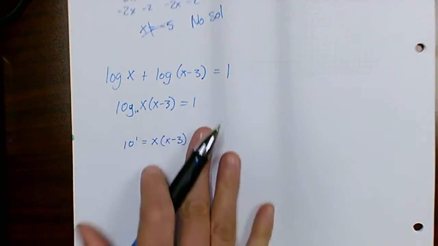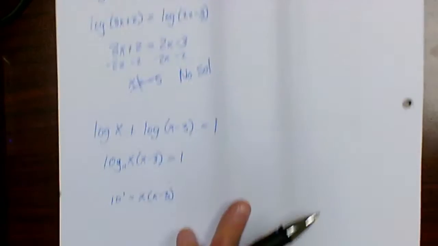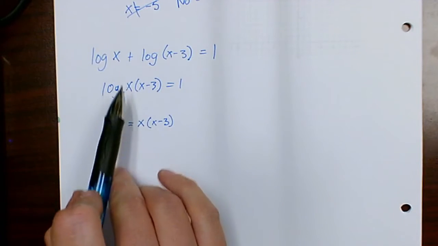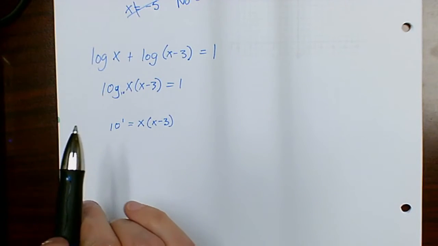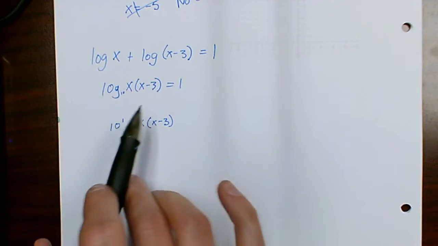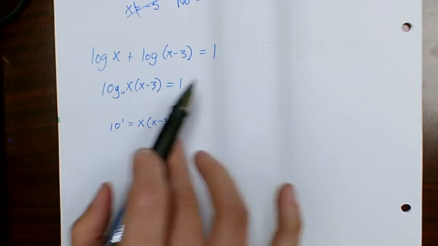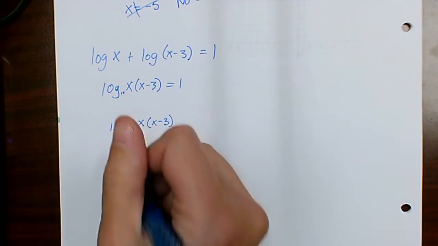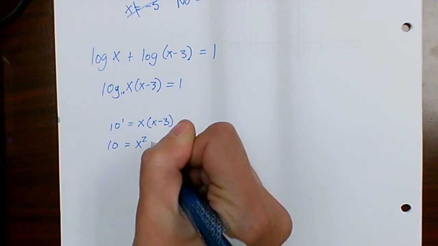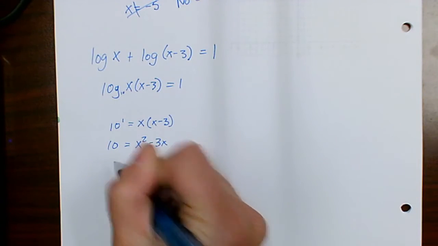Okay, so if you cannot drop the logs, the next best thing is to see if you can convert a log over to exponential, meaning that you must have one log on one side equaling some number. So this will be 10 equals x squared minus 3x.